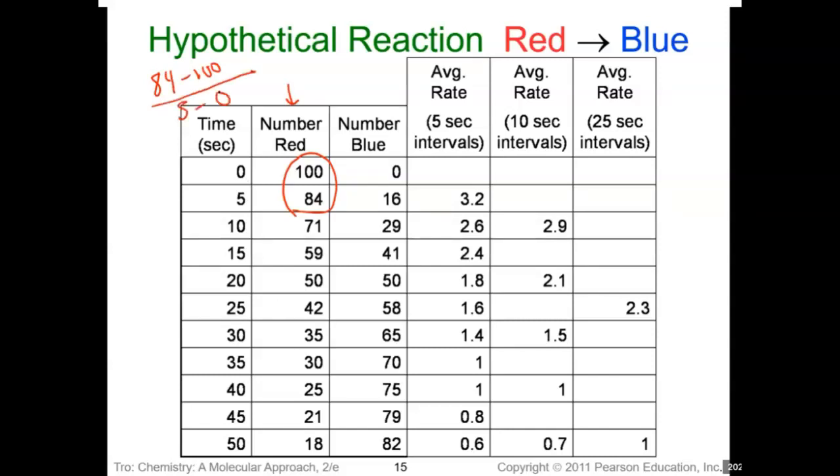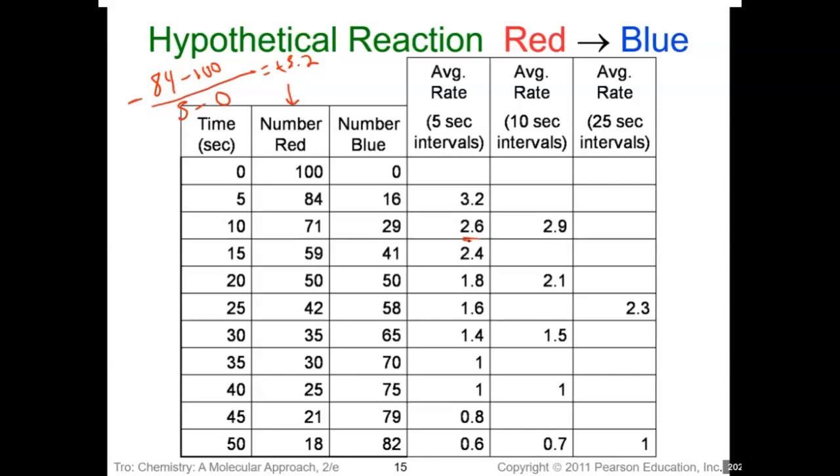So if you put that in your calculator, 84 minus 100 divided by 5, you get negative 3.2. Again, this is a reactant. So we have to put a negative here to make sure our rate is always positive. And here is our rate, 3.2. Now, we're going to do the next one so you can see how this works. So the next one, we got 2.6.